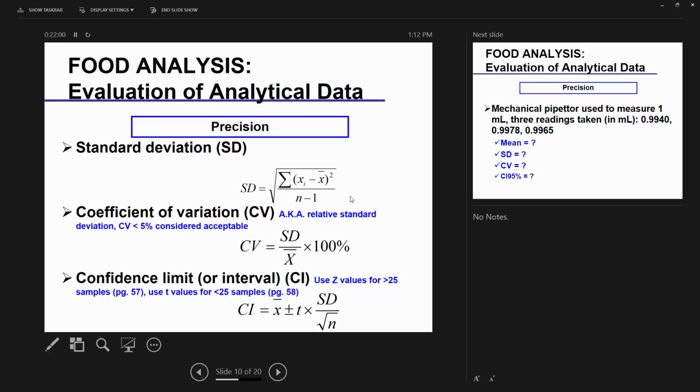And usually you determine that with a 90% confidence or a 95% confidence. Often it's 95% confidence that you look for. So it's basically your mean plus or minus t-value. You use a t-value when you have replication less than 25. If you have replications greater than 25, you use z-value. And then you multiply standard deviation over the square root of the replication.